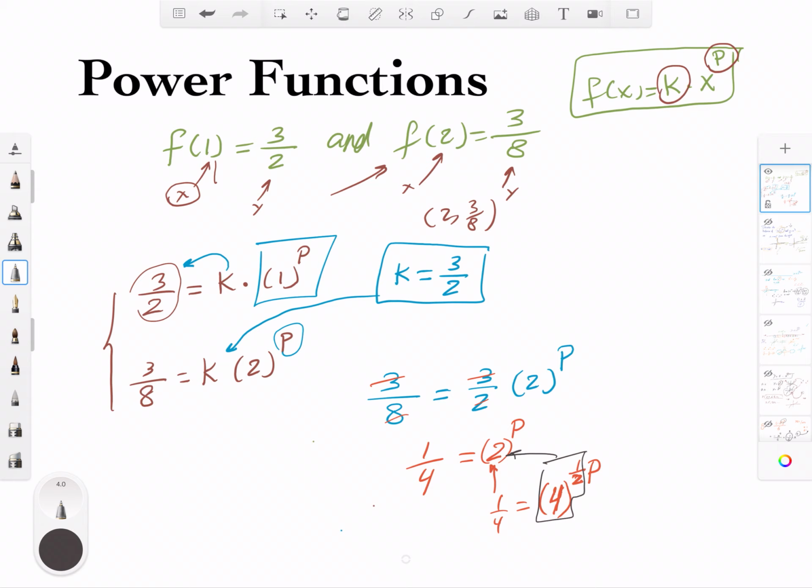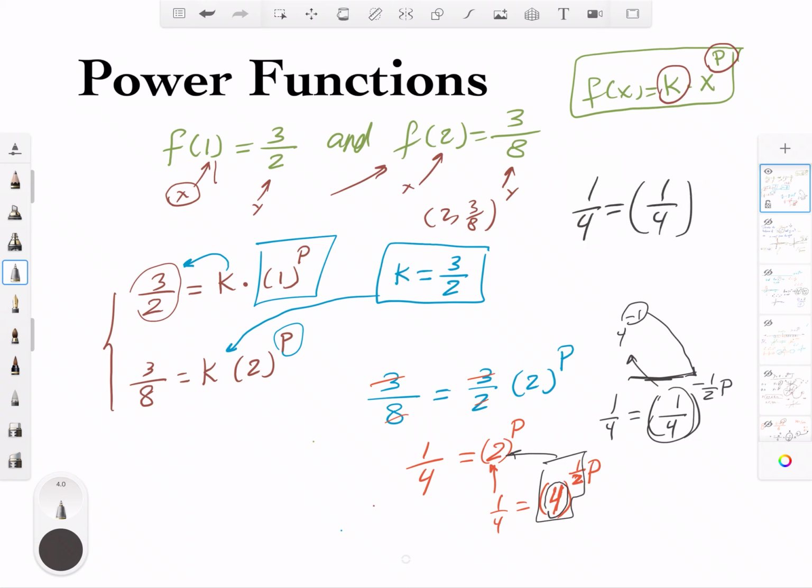Instead of 4, if I make it 1 over 4 to the power negative 1/2 p, so 1 over 4 is the same as 4 to the power negative 1. Negative 1 times negative 1 gives us positive, so everything's still good. So we have 1 over 4 equal to 1/4 to the power negative 1/2 p.